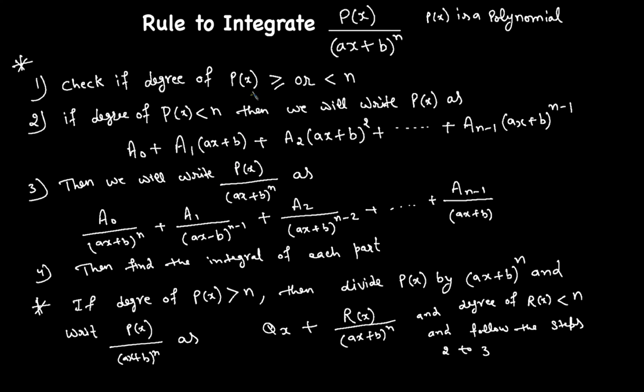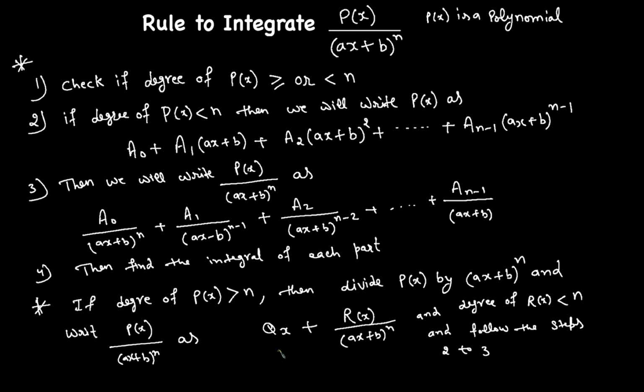One more time. If the degree of the polynomial is less than this n, we're gonna rewrite our polynomial in terms of ax plus b, which is our denominator, and write each term separately and integrate them. And if the degree of the polynomial is greater than n, we're gonna divide the polynomial by the denominator and rewrite it.